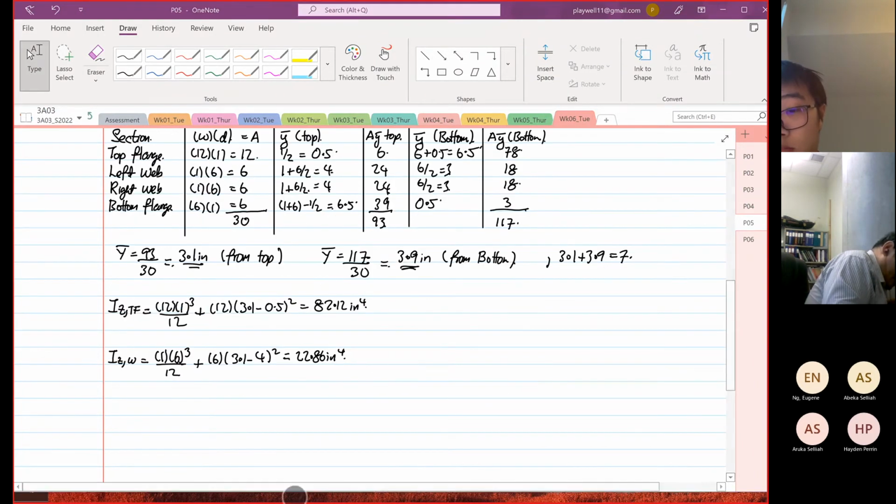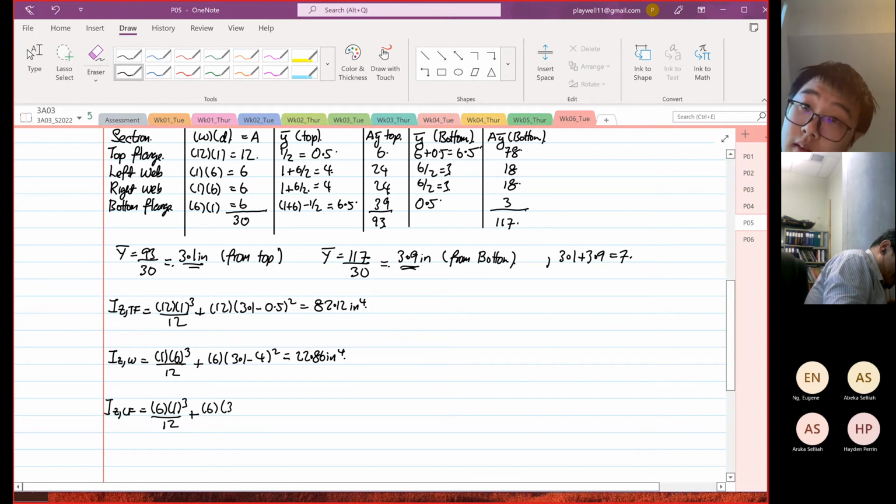Correct. Then I Z of the lower flange. So 6 times 1 cubed over 12 plus 6 times 3.1, Y bar is 6.5.